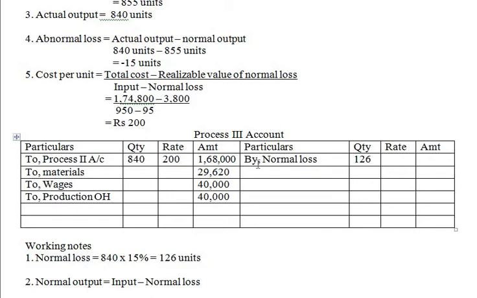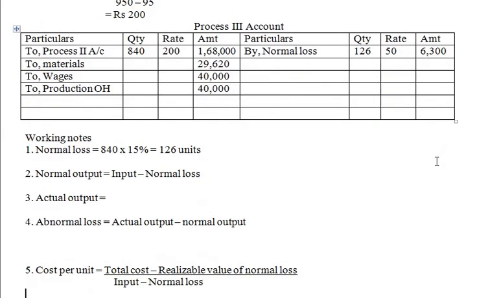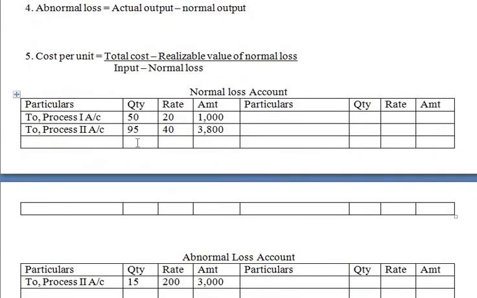Realizable value is already given in the problem, that is 50 rupees, that is 6,300. So the opposite entry will be in the normal loss account, debit side, to process 3 account.